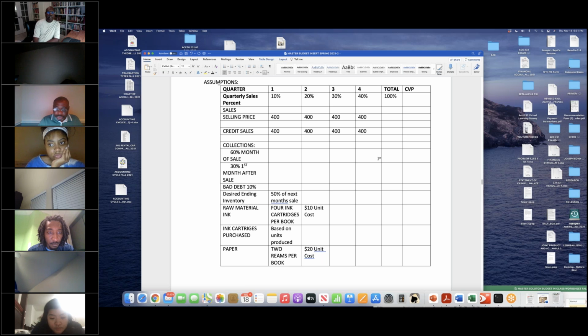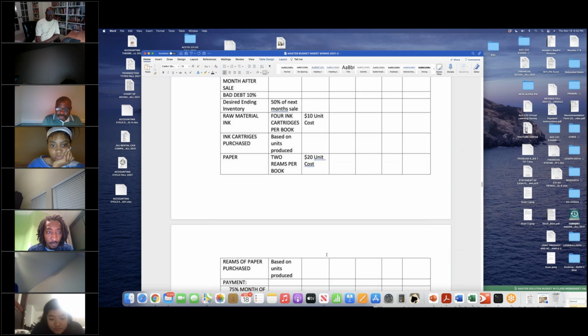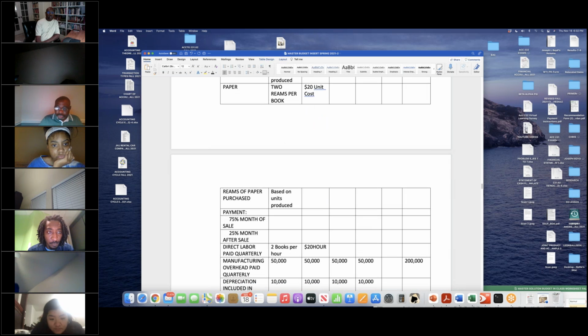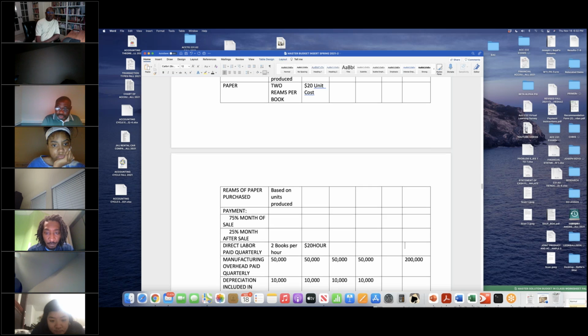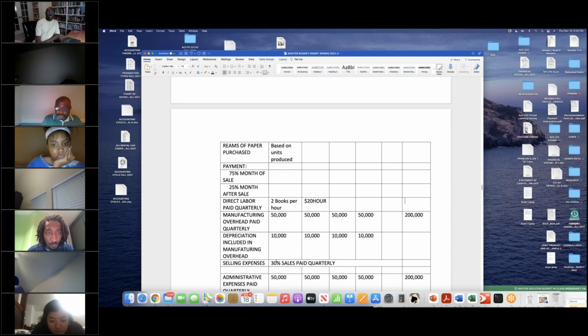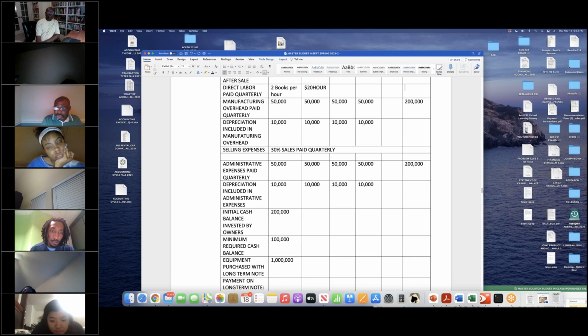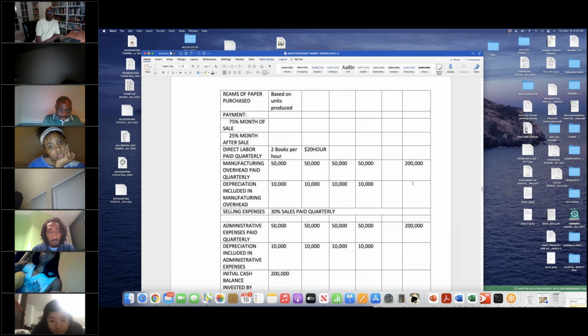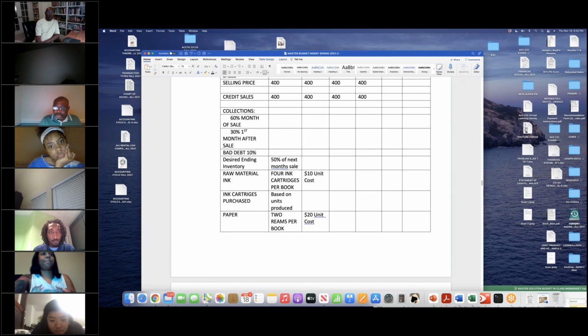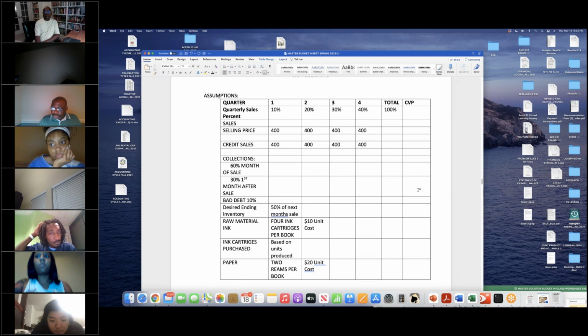Selling price 400. 4 ink cartridges, $10 a unit. 2 reams of paper, $20 a unit. You make 2 books per hour. Selling expenses still 30% paid quarterly. And your fixed expenses are 200, 100, and 200. So with that information, can you give me the new break-even quantity?